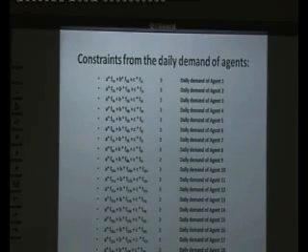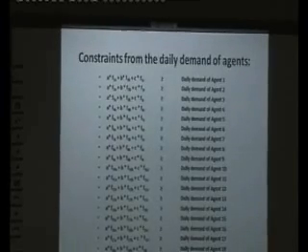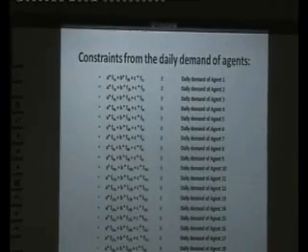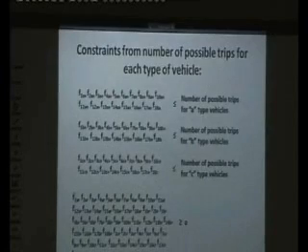That means it should be greater than the daily demand of agent 1. That will help us keep that agent without a stock-out situation. So this is the first constraint, and likewise we can derive the second one also.